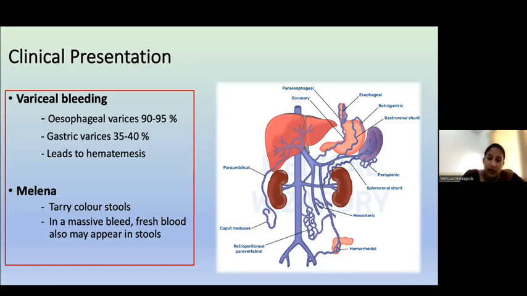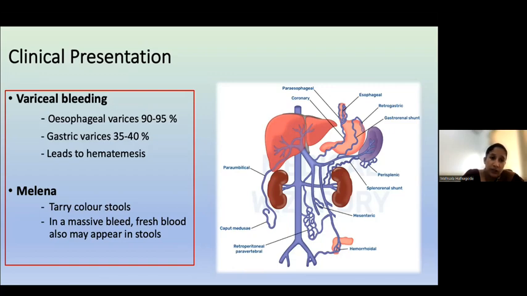This back pressure at one point will rupture because of the pressure and the blood flow, presenting as variceal bleeding. If it is upper gastrointestinal bleeding, above the first part of the duodenum, then they can present with hematemesis.